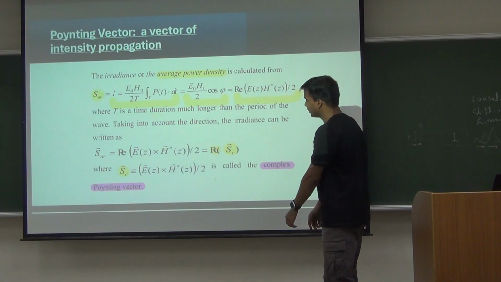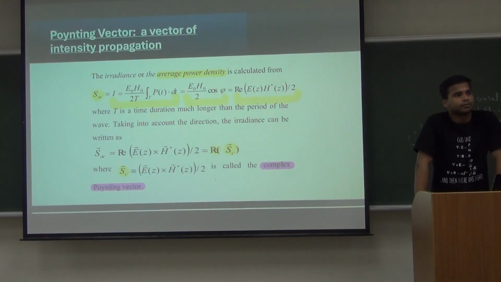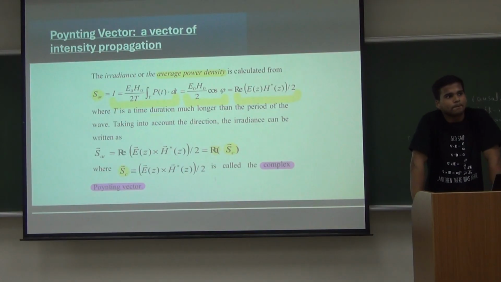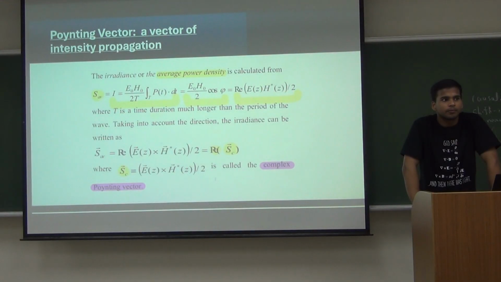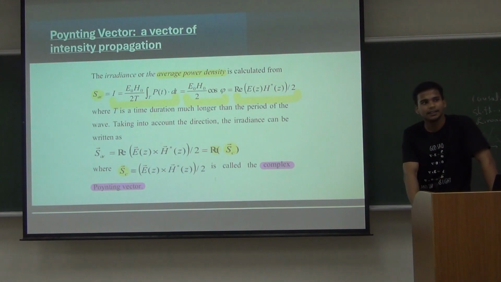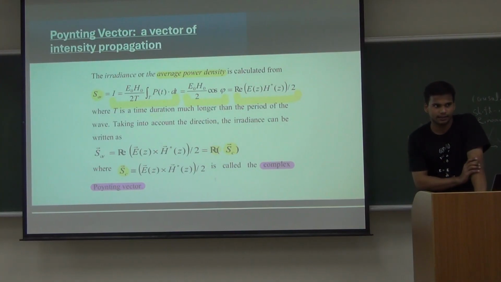It is also called the complex Poynting vector. This is a shortcut for you to get the average power. What you carry is your average income. Every month you get some money, and then you can save. But if income and outcome sort of compensate each other, you don't quite care about that.